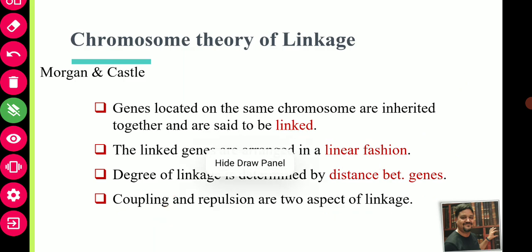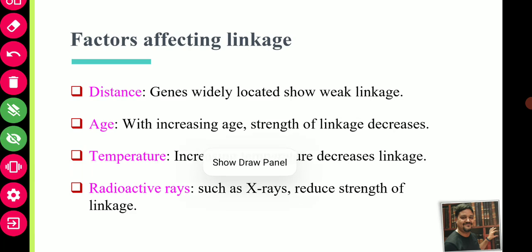Now, what are the factors affecting linkage? Actually, it should be the strength of linkage. What are the factors that will affect the strength of linkage? First is distance. Genes that are located widely, that means they are wide apart, will have weak linkage.